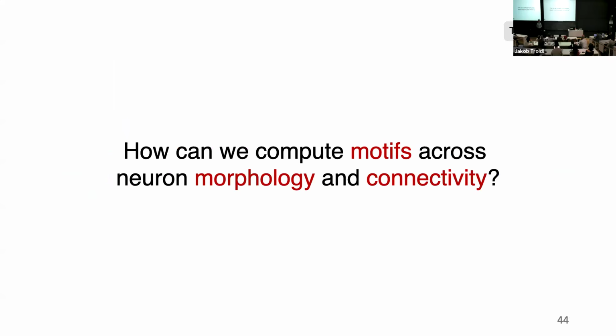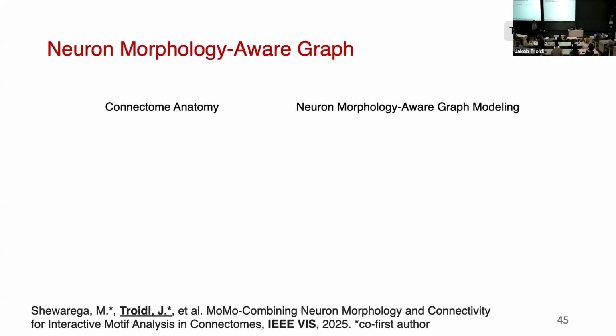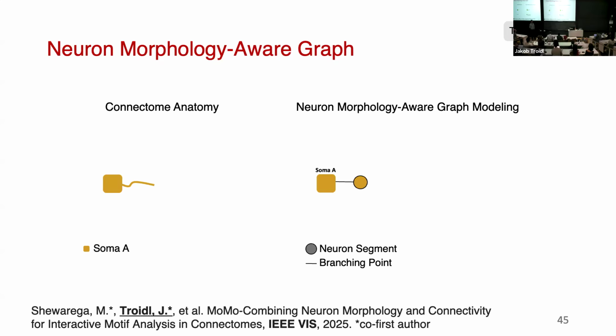Now, how do we actually compute these patterns? Or how do we compute motifs over morphology and connectivity at the same time? We do that by defining this neuron morphology-aware graph, because by formulating this problem as a graph, we can still use all the algorithms that we previously used in VMO, like conventional subgraph isomorphism. So this graph represents each neuron segment as a node.